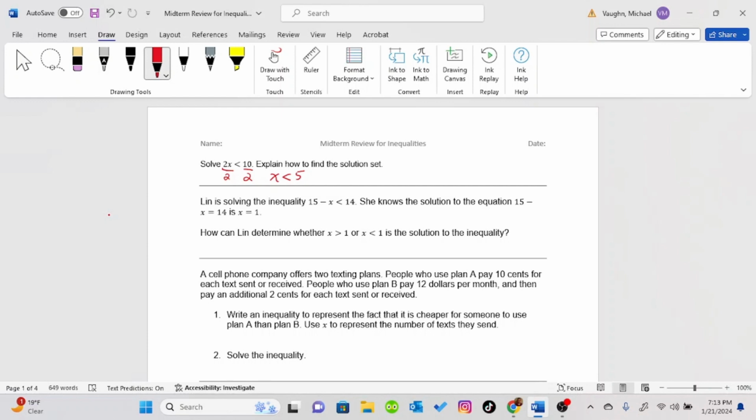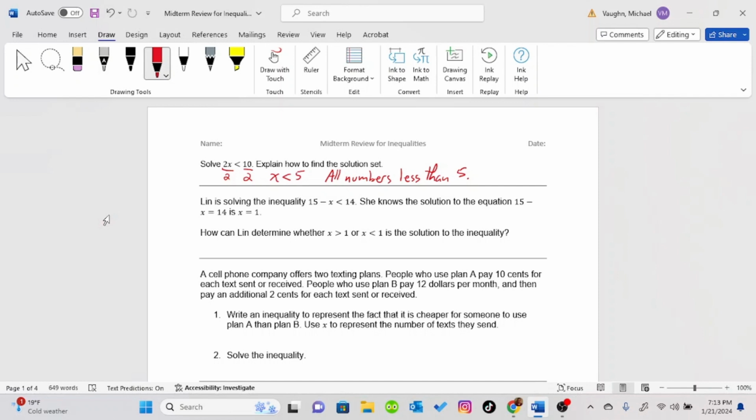Now, because this is an inequality, we're not going to get one number for an answer. We're going to get a whole group of numbers. So the answer to this is all numbers less than 5.